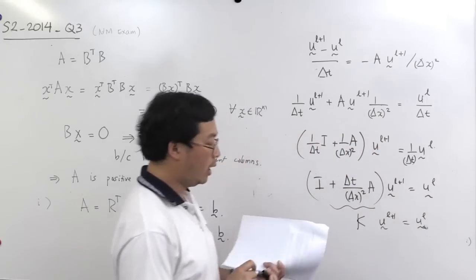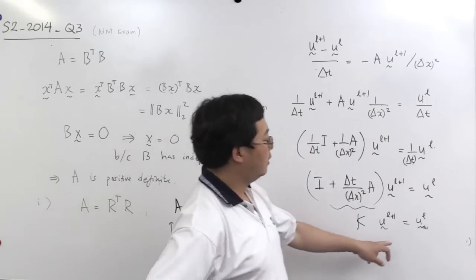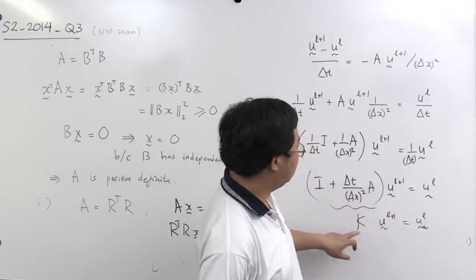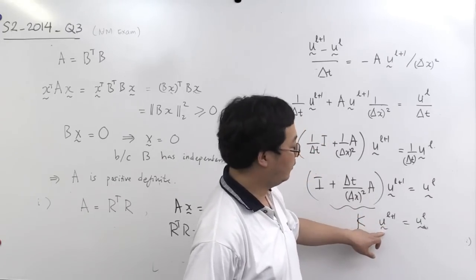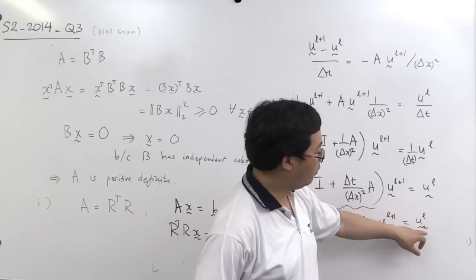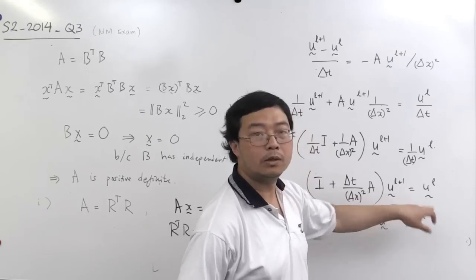So you see, you can put this into MATLAB because U0 is given. Then using this equation you can solve for U1, and then from U1 you can solve this equation to get U2 and so on.